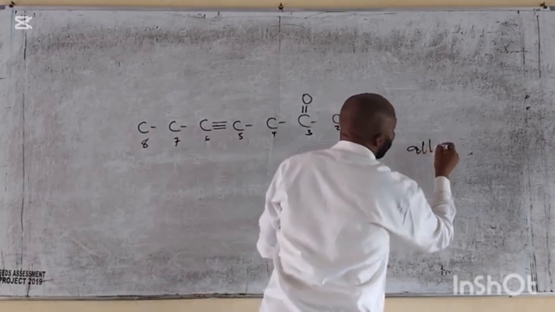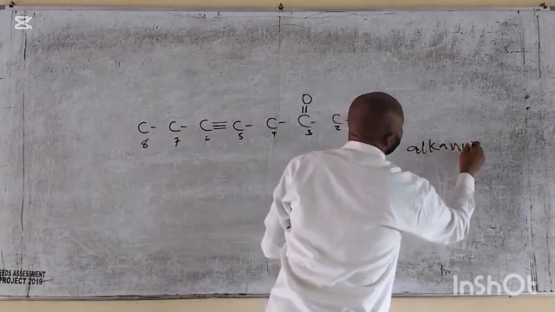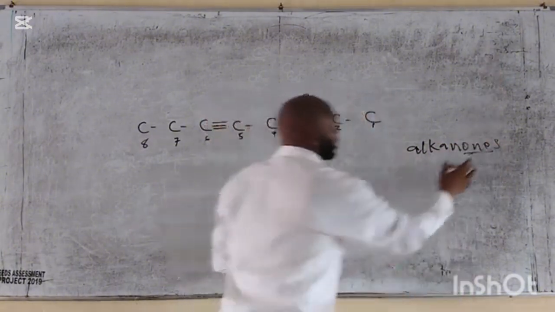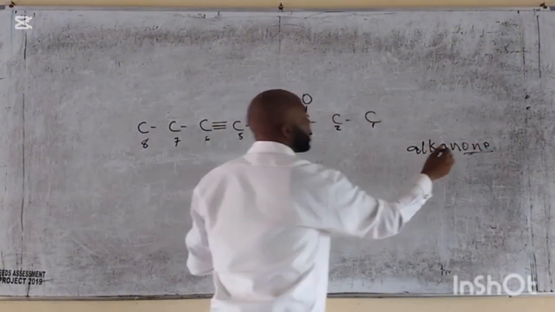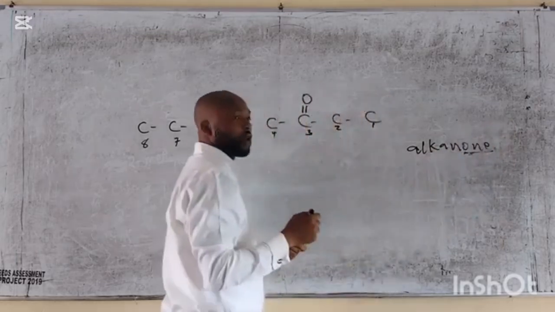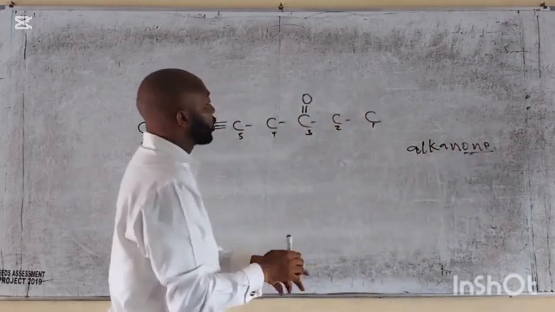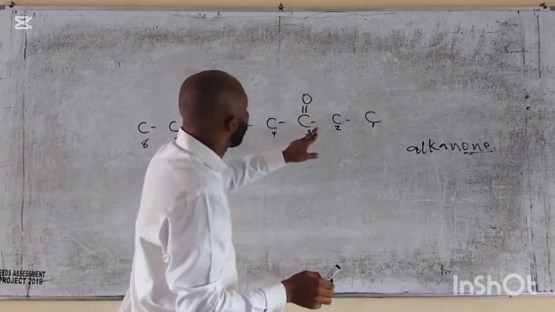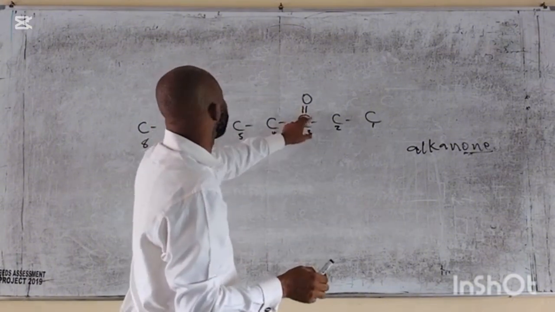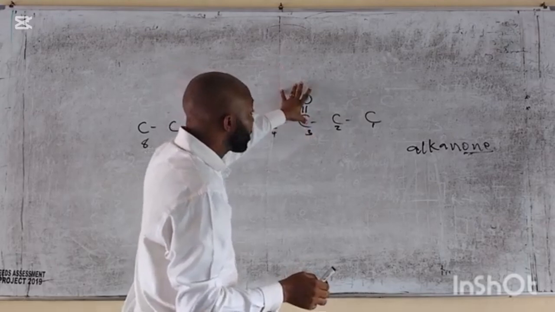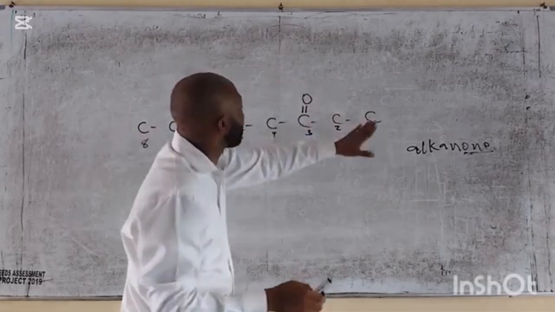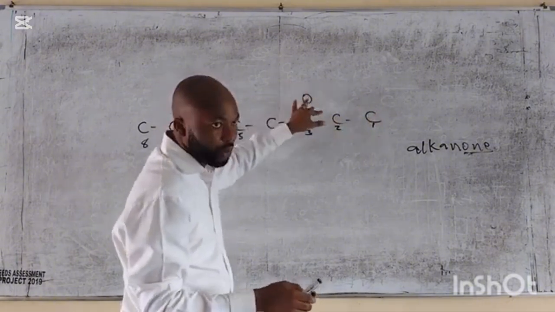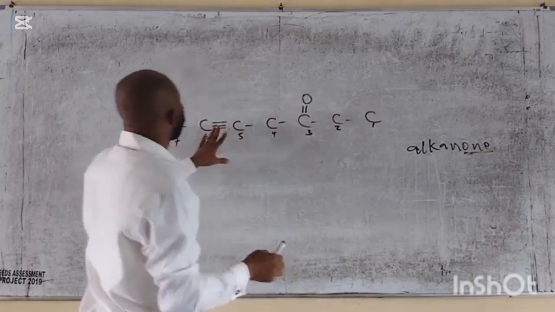For example, alkanones. This is it. So if I remove it, let's call it alkanone. So this is the one for the keto groups, which must take precedence. So the name of this, without this, would have been what? 3-octanone, because the keto group is in carbon 3.